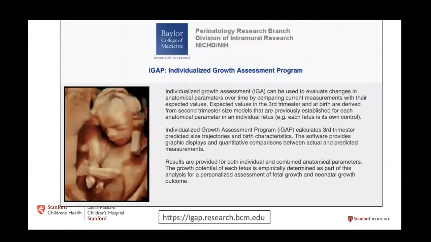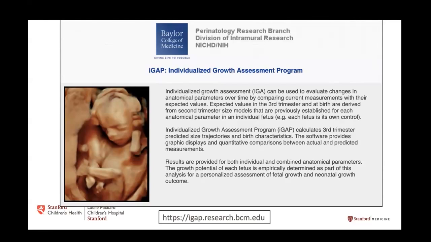And this really brought up this concept of individual growth assessment, or IGA or IGAP. This was brought forth almost 15 years ago, where the thinking is this: if we're going to try to figure out an individual's growth potential, rather than using nomograms and trying to figure out where our fetus lies relative to that nomogram, or our neonate relative to that nomogram, what if we could do a bunch of early ultrasounds, come up with some curve, and then identify later on where the estimated fetal weight is relative to the curve that we expect?